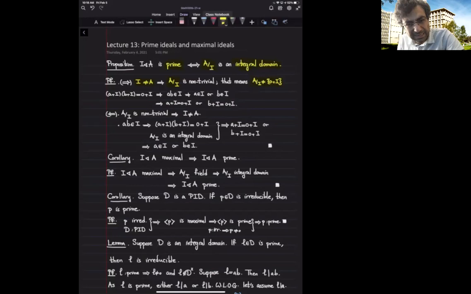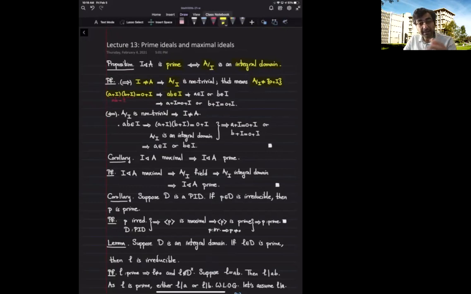Now, why doesn't it have a zero divisor? Suppose that the product of two elements is zero inside this quotient ring. This is the coset represented by AB. Two cosets are equal precisely when the difference of the coset representatives belongs to the ideal. So AB plus I is the zero coset precisely when AB is inside the ideal.